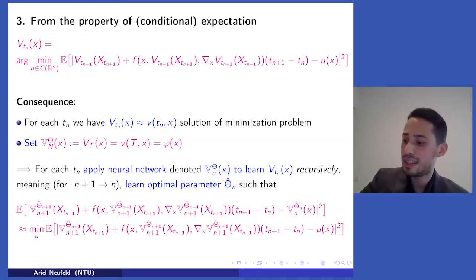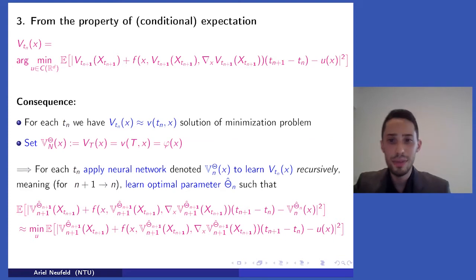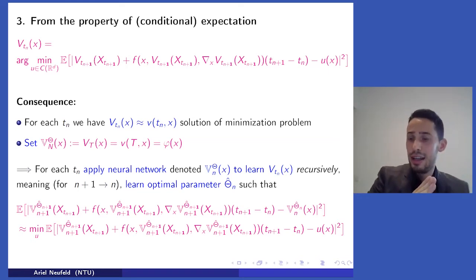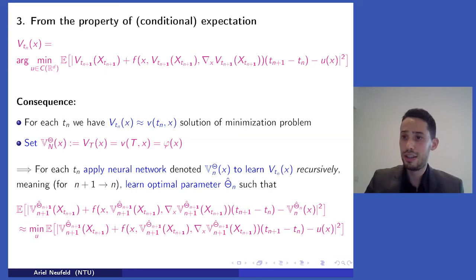So the idea of our algorithm is, instead of trying to solve the whole PDE at the same time, we are interested in the value V(0, x), because that's the value of your PDE at the current time 0.